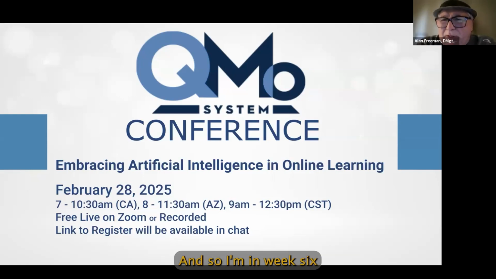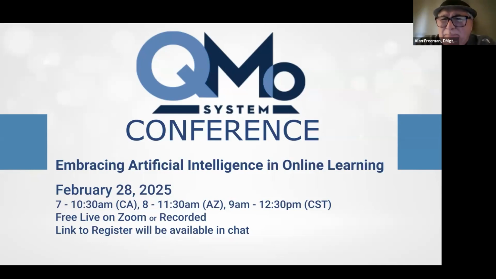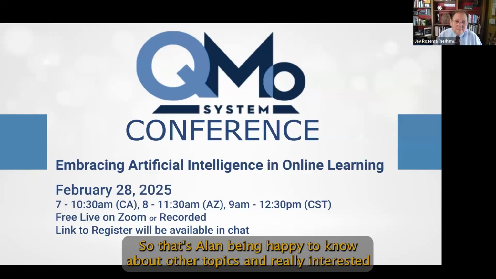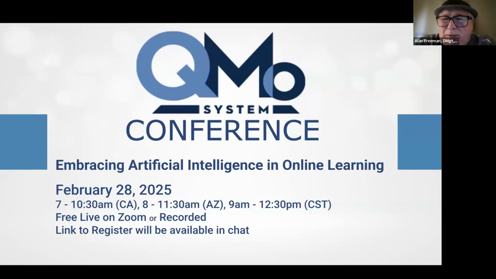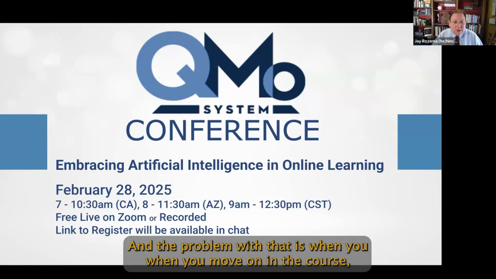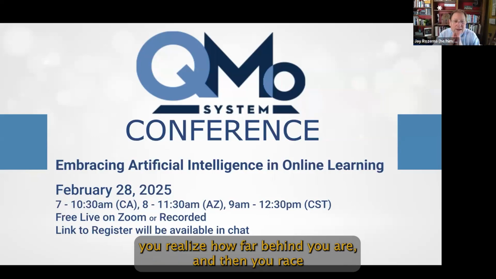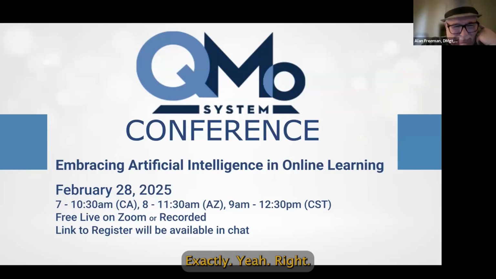And so I'm in week 6 and I really should be back in week 3 starting again. So that's Alan being happy to know about other topics and really interested in talking about them when the student isn't going to be summatively assessed on what I had to say. Right. And the problem with structure is that when you move on in the course, you realize how far behind you are, and then you race through everything to get to the end. Exactly.